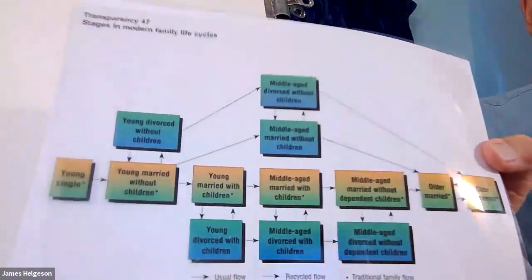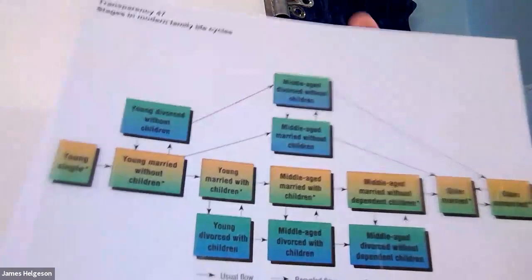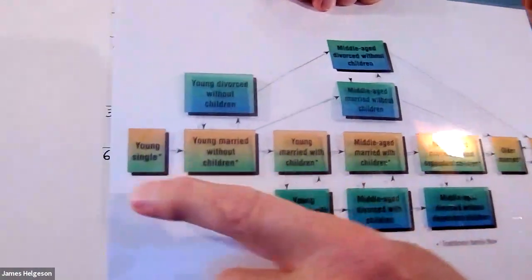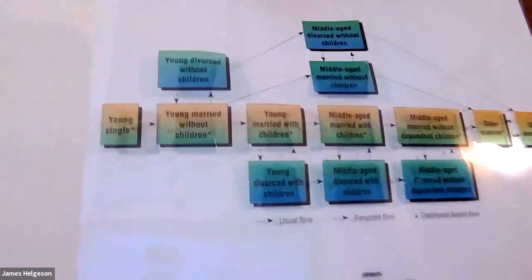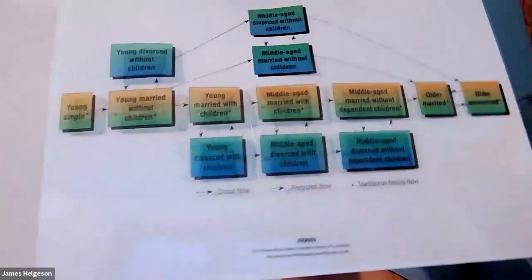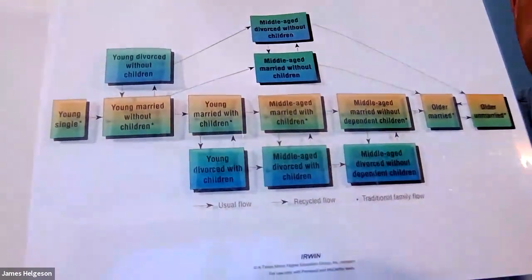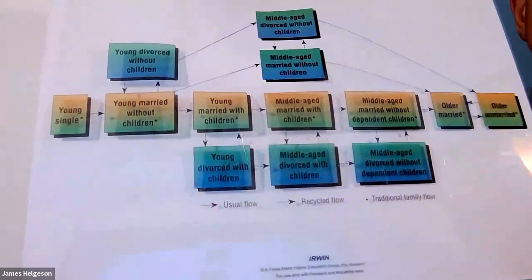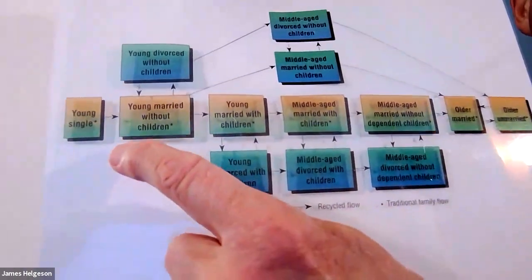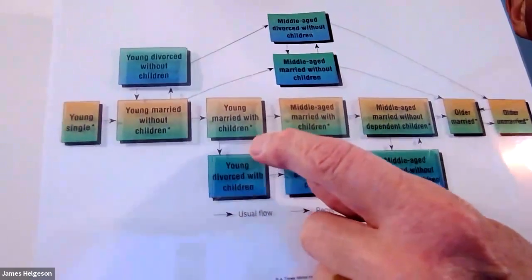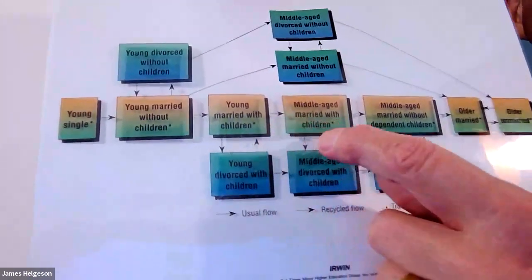Here's the FLC, it's the family life cycle. And down through the center of this is the traditional family life cycle. But you can think about it as people move through stages of their lives. A young person, you think about needs and wants and the way you live your life. A single person versus young married with no kids versus young married, wow, you get kids, holy cow, life has changed.